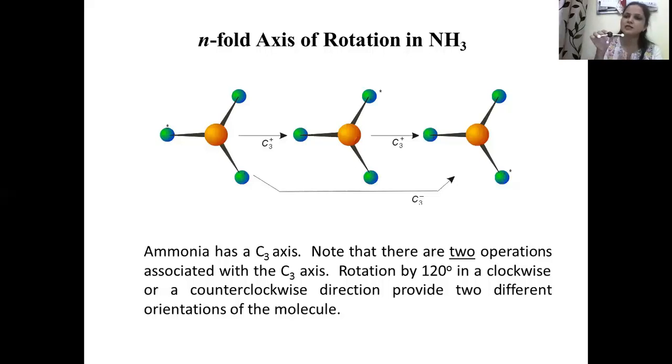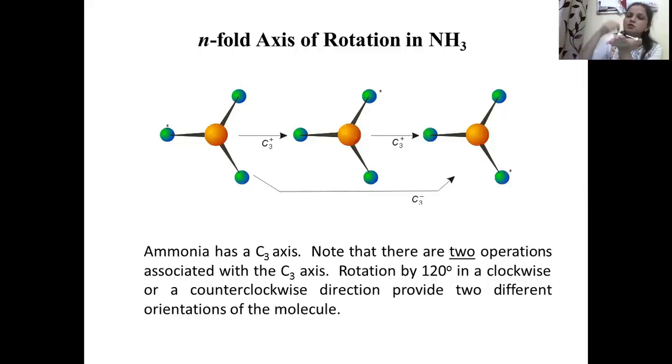As we know, this ammonia molecule has a trigonal pyramidal structure. For this molecule, the rotation axis possible is this one, which is passing through this nitrogen.